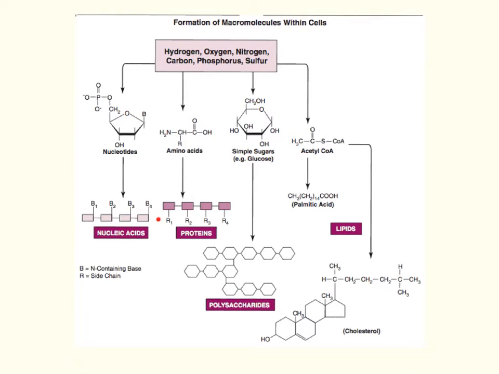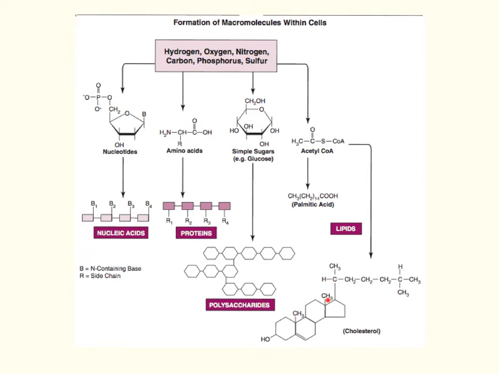And the monomer of DNA and RNA are nucleotides. So these two words are not the same as the monomer for polysaccharides, but the key is that they're still monomers. So the general term monomer can apply to nucleotides, to amino acids, or to simple sugars.